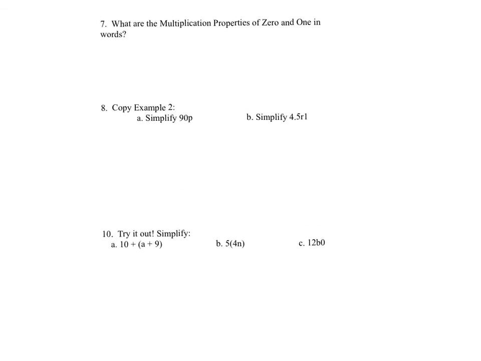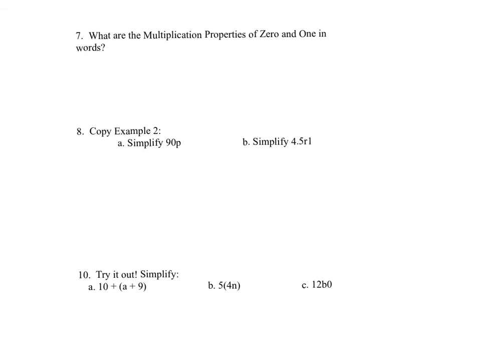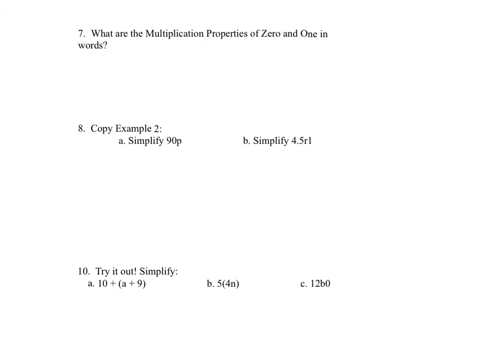Okay, so real quick, let's take a look here at the multiplication properties of 0 and 1 in words. So, the product of any number and 0 is 0.